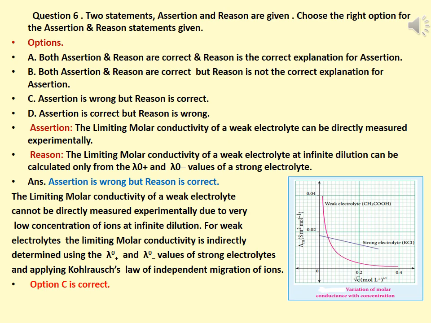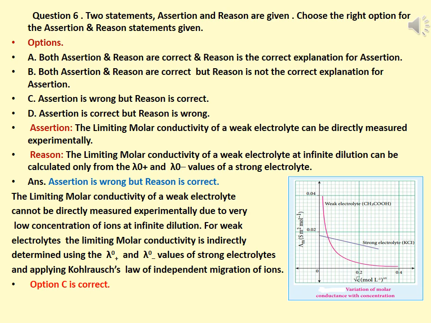So we need to choose the right option. The answer is: assertion is wrong, but reason is correct. The limiting molar conductivity of a weak electrolyte cannot be directly measured experimentally. Why? Due to very low concentration of ions at infinite dilution.